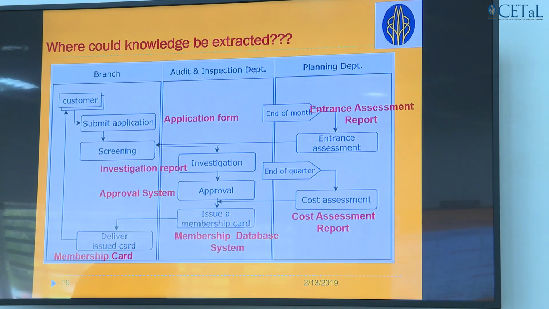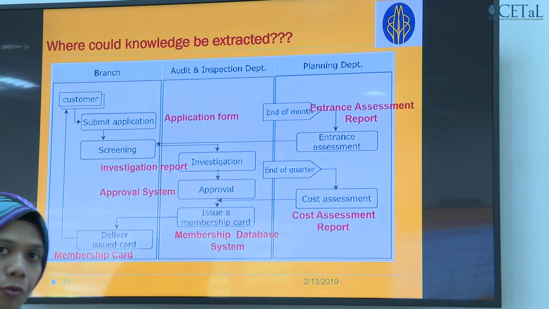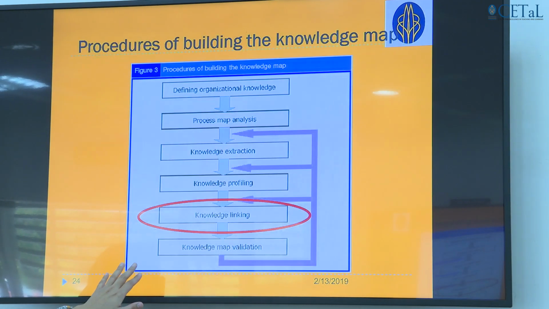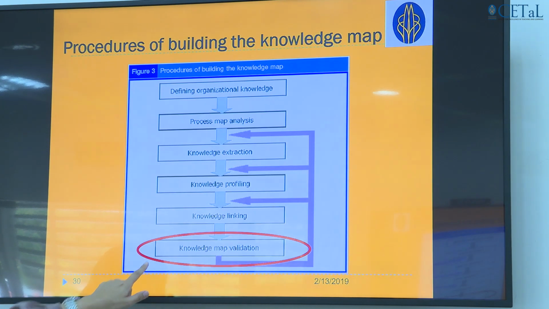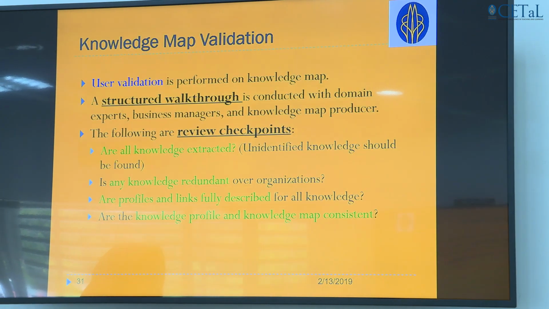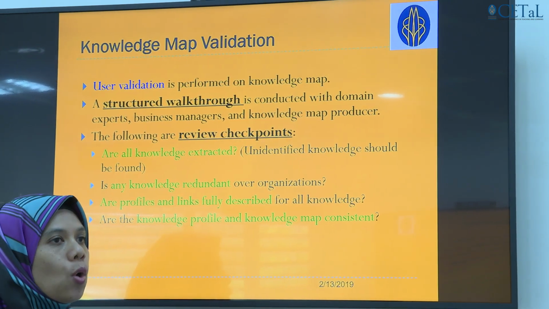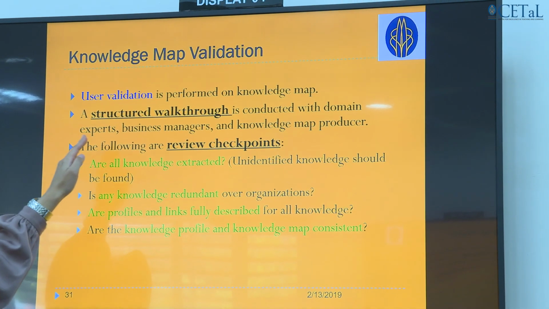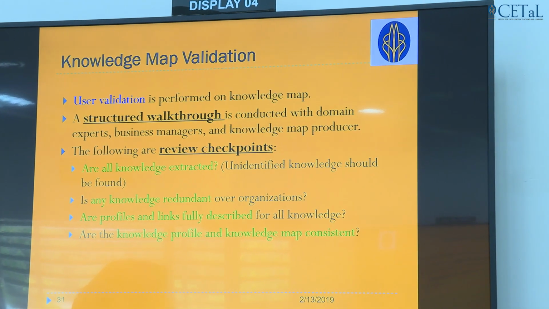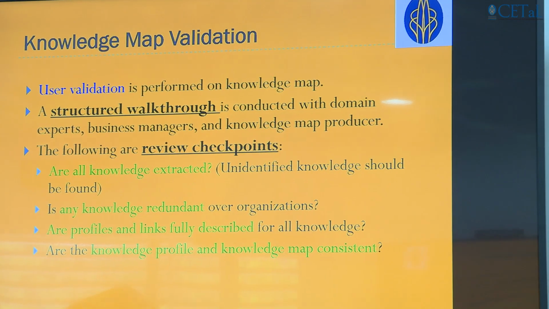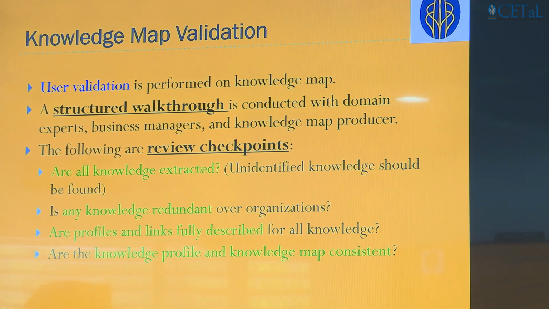You might want to validate whether that's right or wrong with the experts. So how do you do the last one, which is the knowledge map validation? You can then conduct an interview, or you can also use a structured walkthrough with people who go through the process. For example, the executive could be the clerk who goes through the process daily.